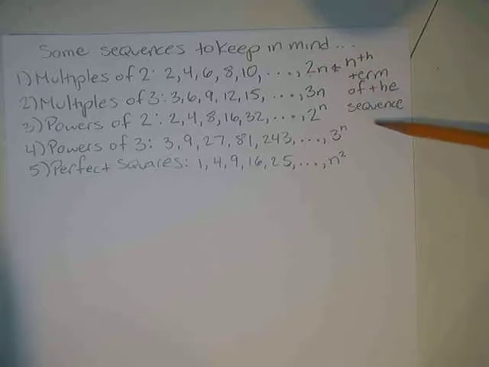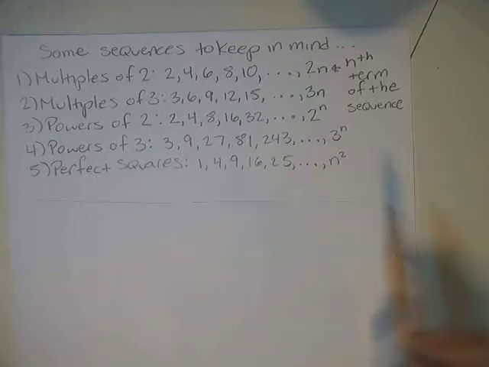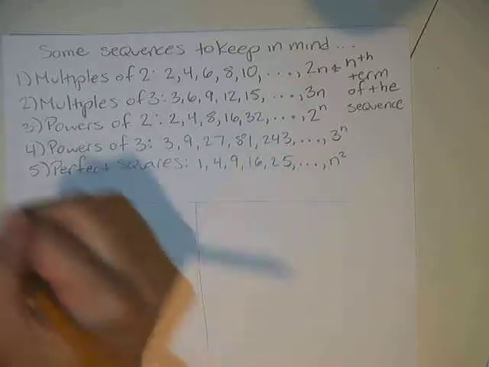So each of these formulas can also be called the nth term of the sequence. And often our book won't ask for an explicit formula. Instead, it will say find the formula for the nth term of the sequence. And this is what it means.